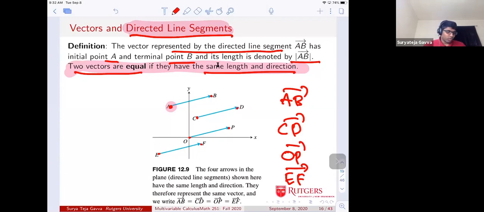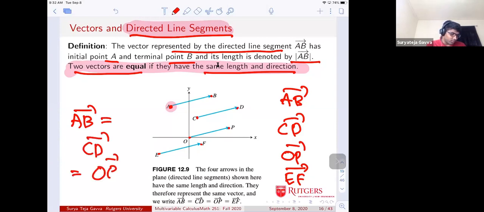If that is the case, you call all of these the same: AB equals CD equals OP equals EF. That is what we mean by equality of vectors. Is the notion of equality of vectors clear?